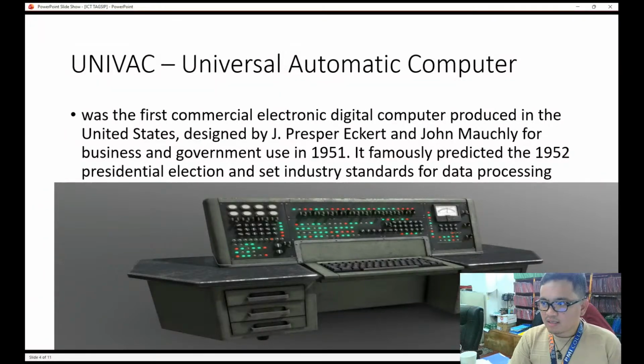After the UNIVAC, or the Universal Automatic Computer, in 1960 the second generation computers were replaced by transistors, making computers smaller, faster, and more reliable. So from the biggest ones, the ENIAC and UNIVAC, in the 1960s the second generation computers became smaller, faster, and more reliable.